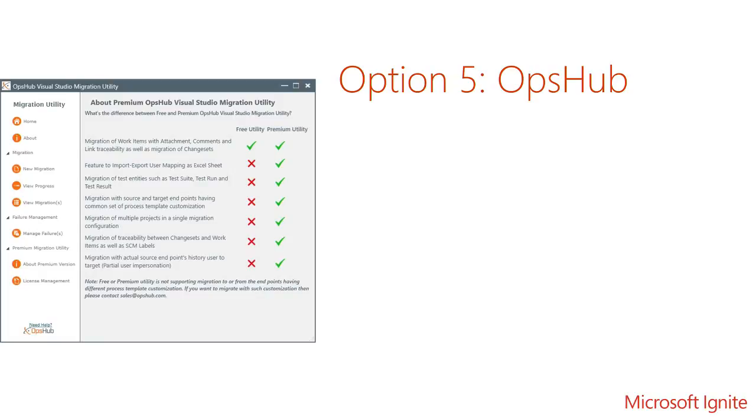Hasn't been too bad, but in general, anyone heard of OpsHub in the room? Just 2 people, all right. So this is a tool that for some people is pretty much the only commercial tool out there, but there is another one. So you provide the destination and source endpoints.